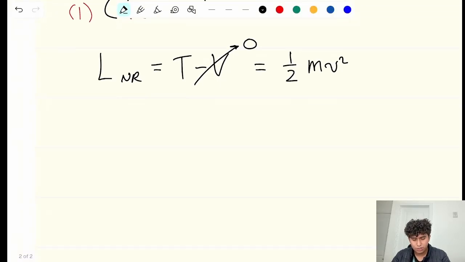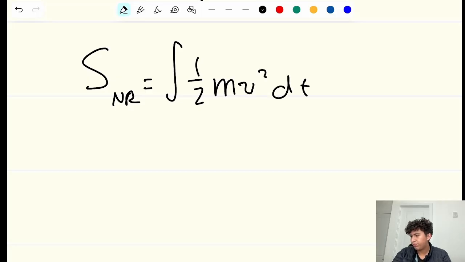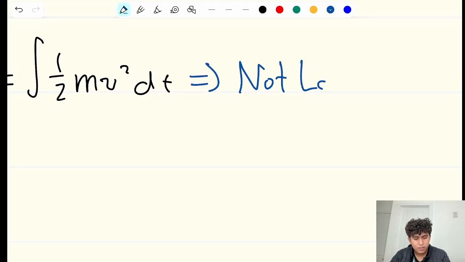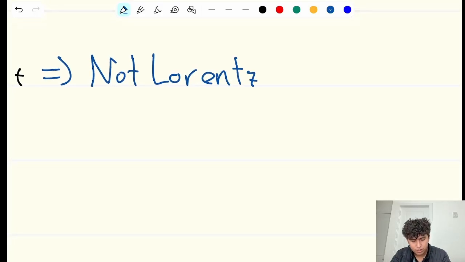Then you would get the action for non-relativistic particles, which is just the integral of 1/2 mv squared dt. There's a couple of problems of why this cannot work in the relativistic case. First, this is not Lorentz invariant, which means that if we change frames, velocity changes. So if you change frames, this Lagrangian is going to change, which is not what we want. It's not Lorentz invariant.